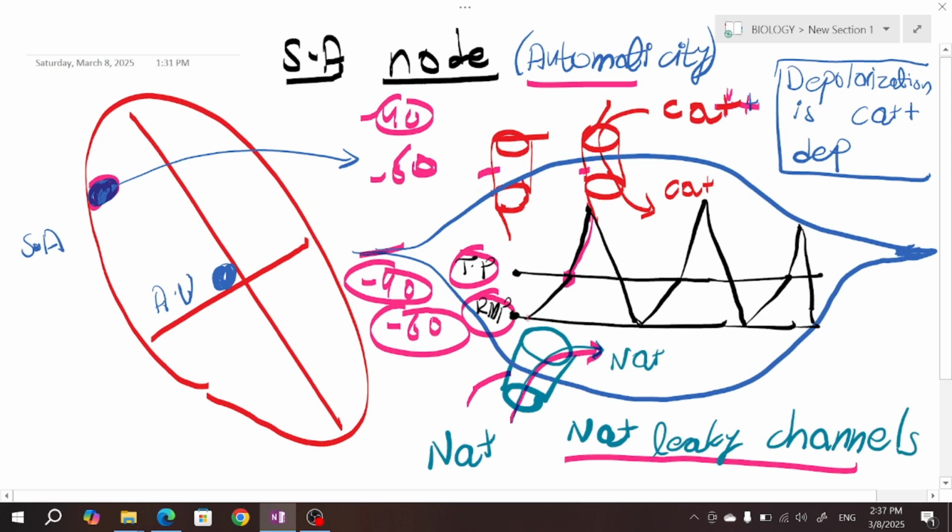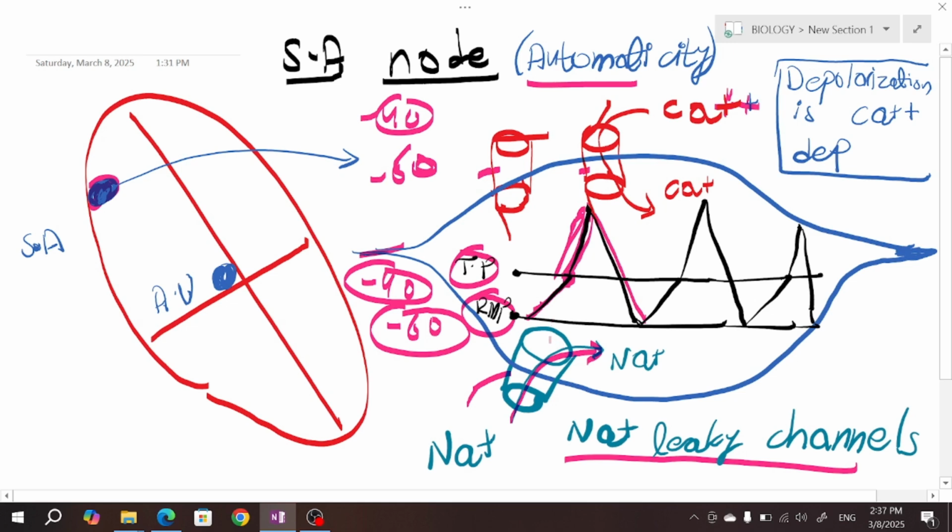First, as the sodium is continuously influxing, the resting membrane potential moves towards the threshold potential, and as soon as the threshold potential is achieved, there is a sudden upstroke towards the peak of the action potential, and then repolarization occurs, and the same phenomenon occurs again and again.